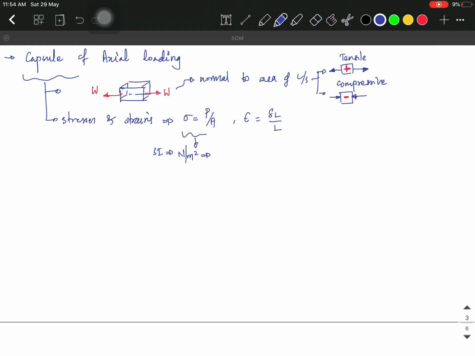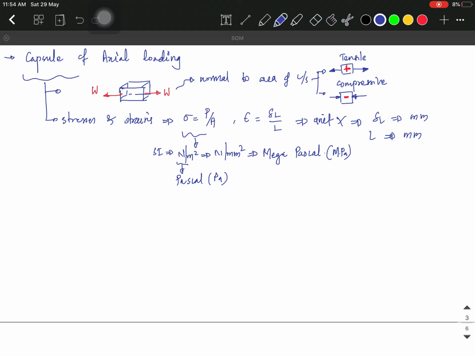This unit is very small, so we generally use Newton per millimeter square, called megapascal. Pascal is denoted as Pa, and megapascal as MPa. Strain has no unit, because delta L is in mm and L is also in mm, so cancelling these terms, we get no unit for strain.